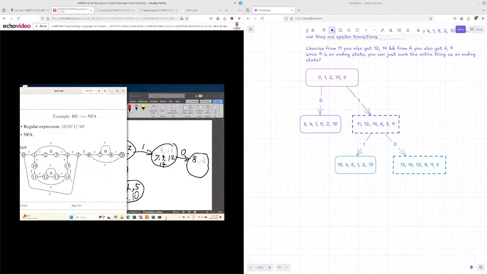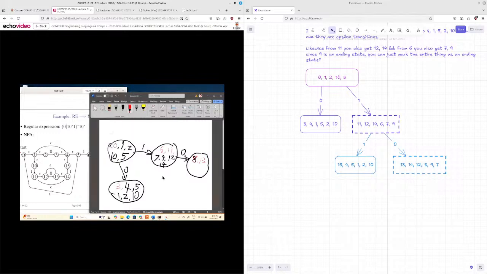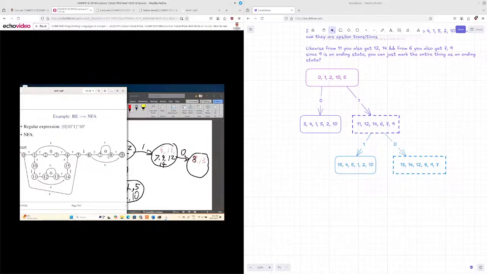So what that means is, if the machine is in any of these 6 states, and we read the input 0, we can reach one of these 2 states. And immediately you add more states you can reach through epsilon transitions. Now we just look at them one by one.